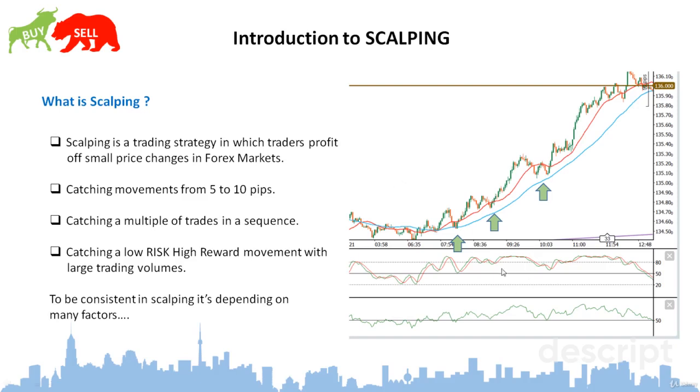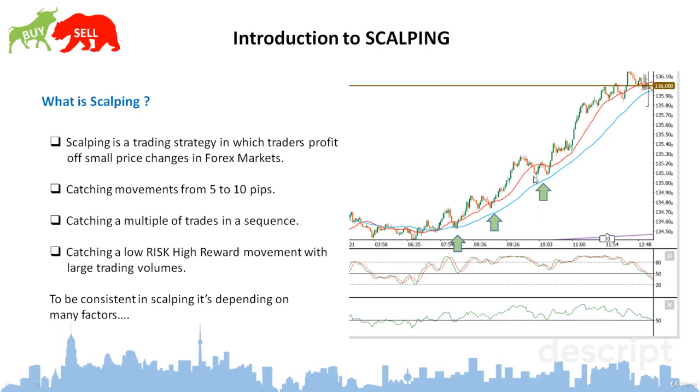As you can see in this chart, we have the chart of EUR/USD. A trader will focus on catching trades like this, 5 to 10 pips. Sometimes it goes to 20 pips, depending on the market conditions.